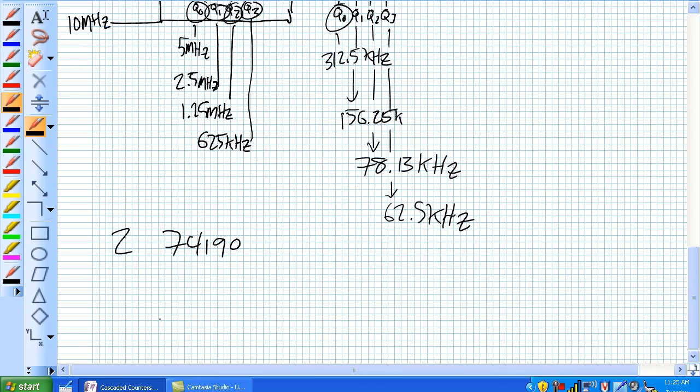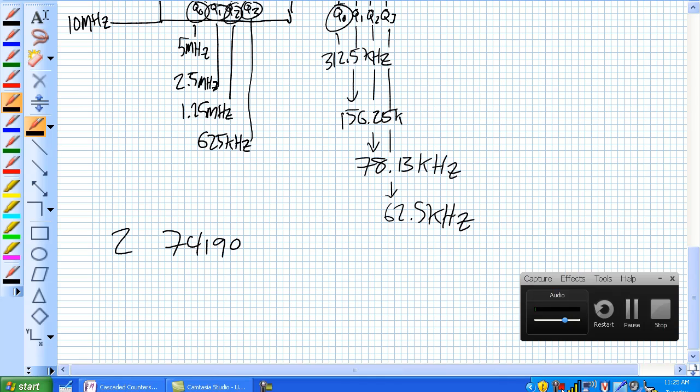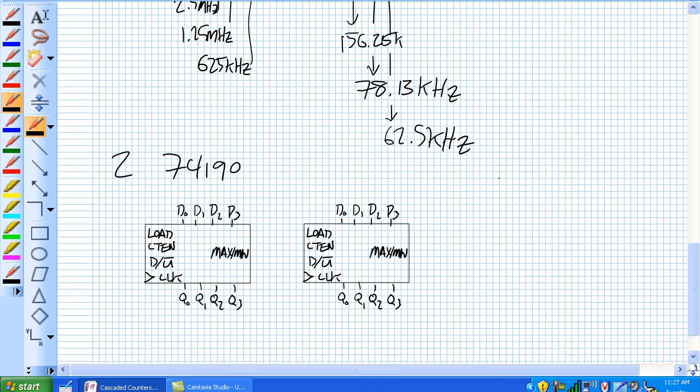Let's go ahead and draw a 74 190 and another 74 190 in close proximity. So again, we want to go from 0 to 99. So that means we want an up counter. Okay, so what are we going to do to make it an up? We'll ground that.